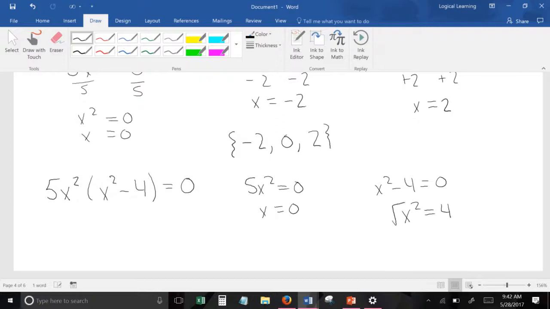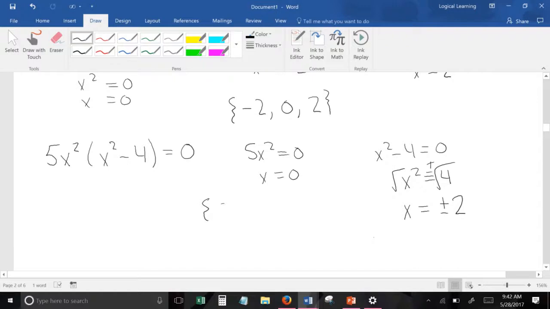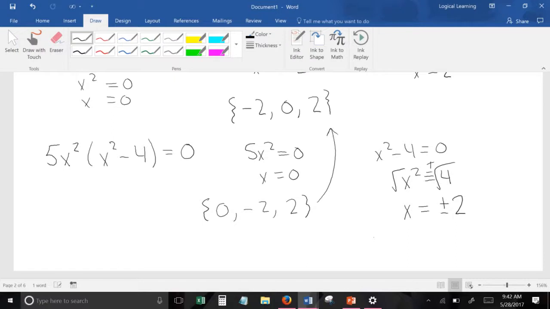Take the square root of both sides by the square root property, which we did in our quadratic equations. To remember, take the positive and negative. So we get x equals plus or minus 2, which gives us the solution set 0, -2, +2, which is the exact same as what we did when making it 3 different factors.